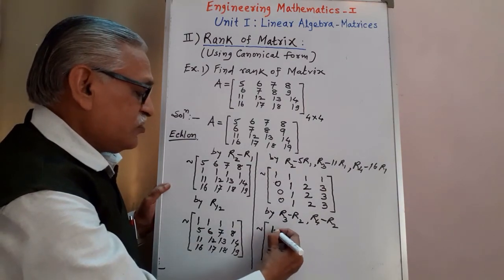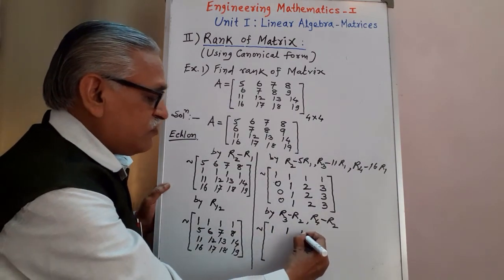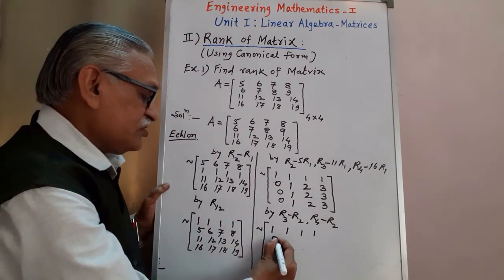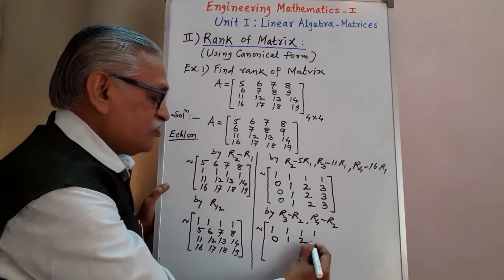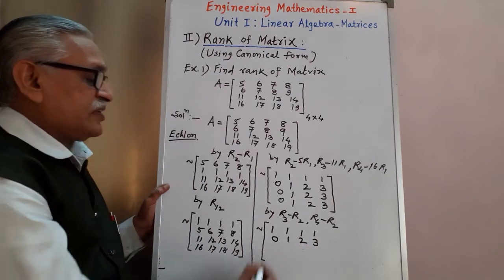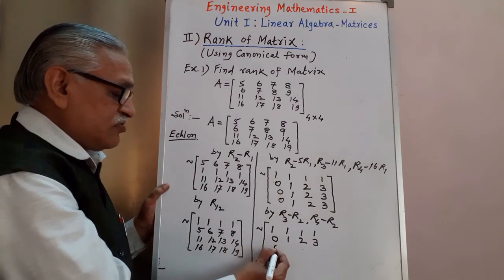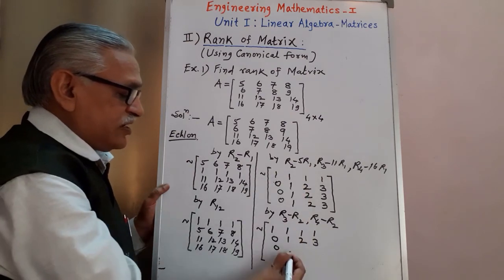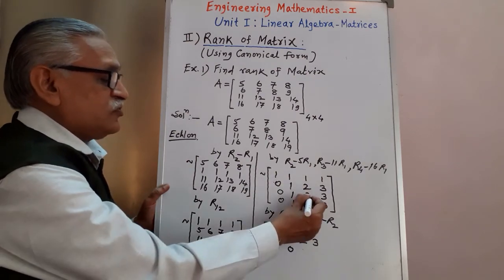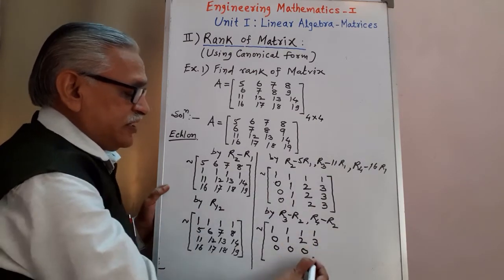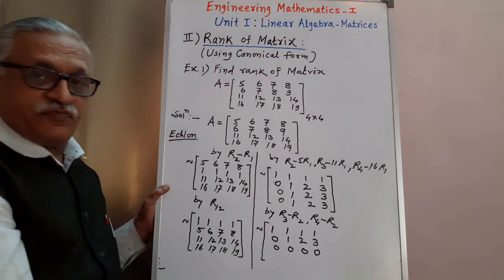First row no change, 1 1 1 1. Second also no change, 0 1 2 3. Then applying R3 minus R2: 0 minus 0, 1 minus 1, 2 minus 2, 3 minus 3, we get 0.